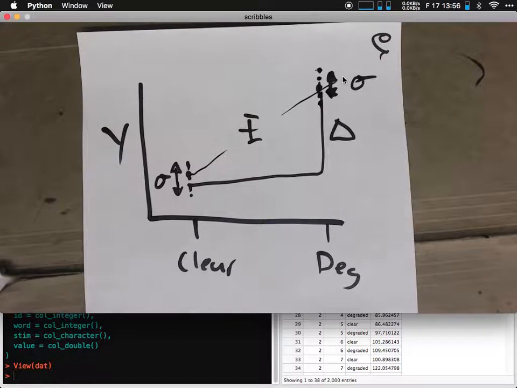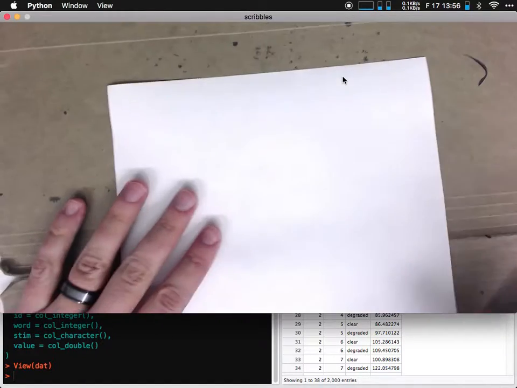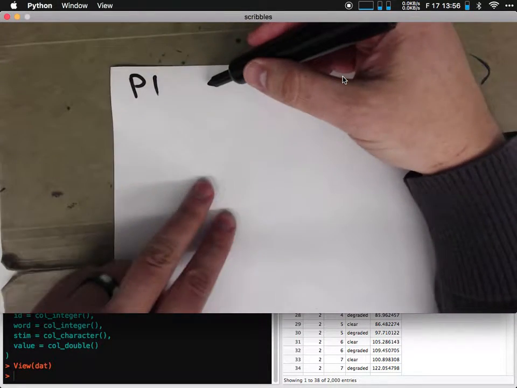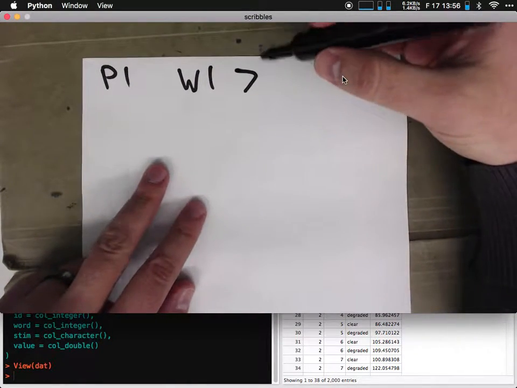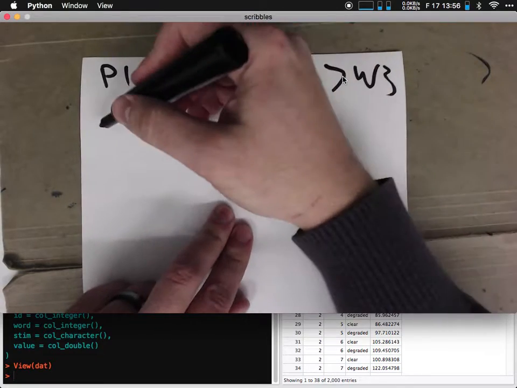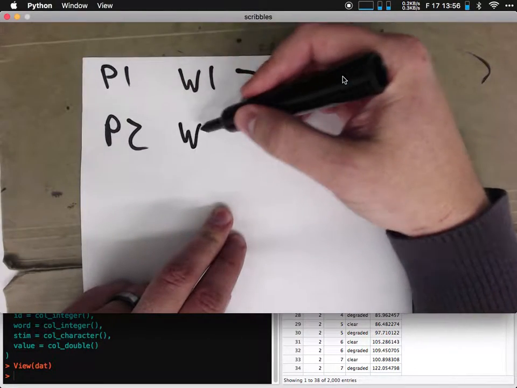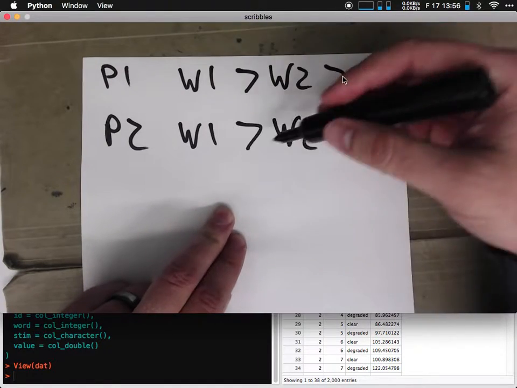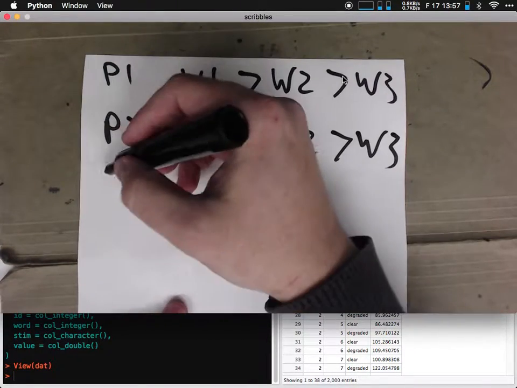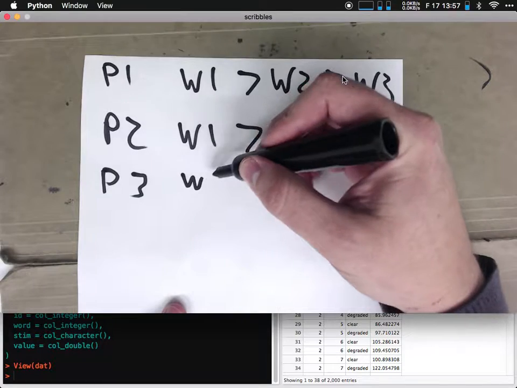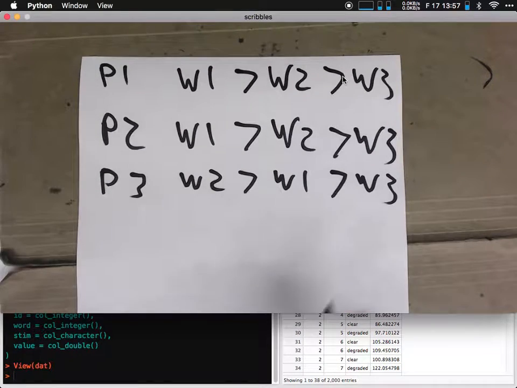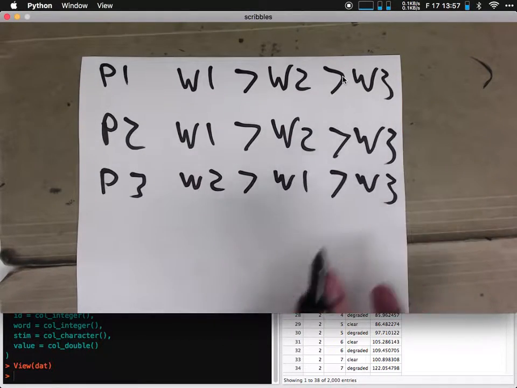Imagine an ordering of which words are fastest for person 1: word 1 is slower than word 2, which is slower than word 3, and for person 2, you still get the same trend. There might be a little variability associated with measurement noise, maybe sufficient that word 2 comes out as faster than word 1. If you turned it into ordered data like this, there might be some noise.